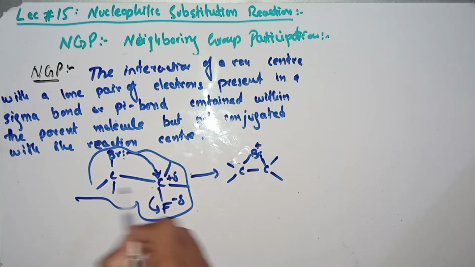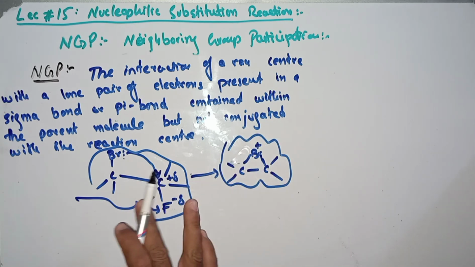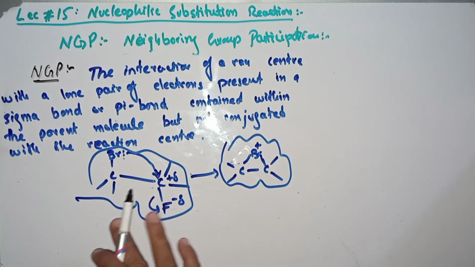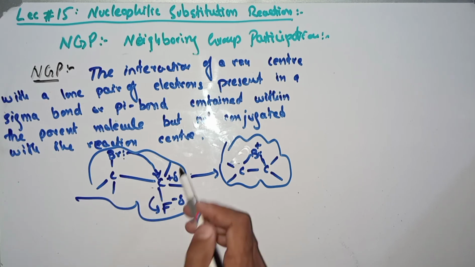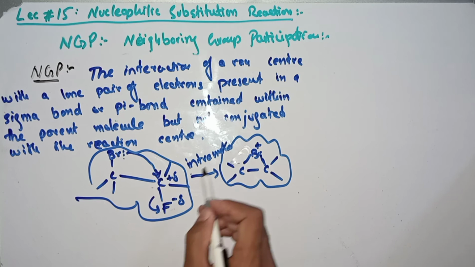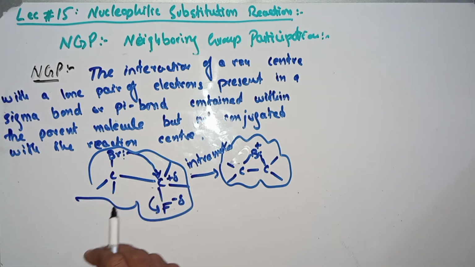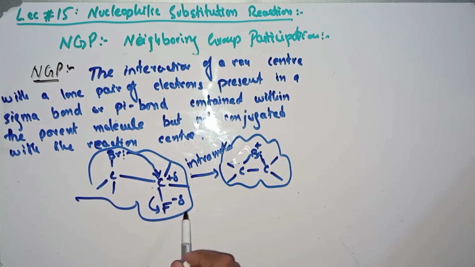This is the parent molecule. Within the parent molecule, not in another molecule, only one molecule is used in the first step, hence the rate determining step. So in this step only one reaction, an intramolecular attack, will occur. Intra means inside the molecule. So an intramolecular attack will occur by one group on the carbon, leaving another group, which is called the leaving group.